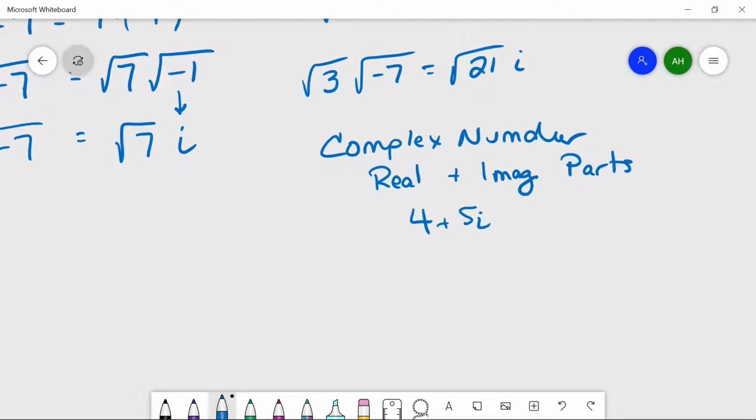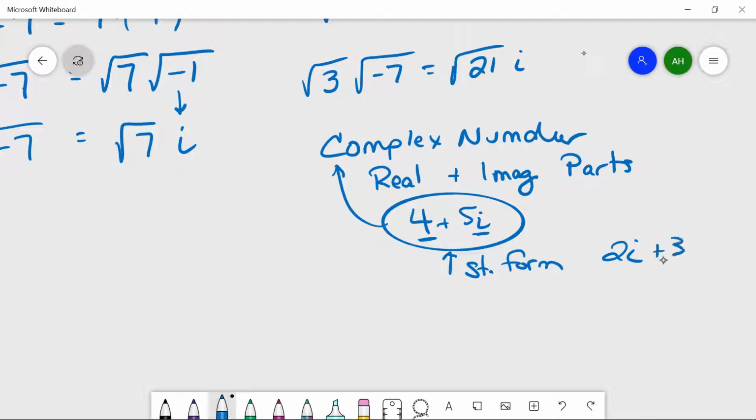So this right here is a complex number. Do know also this is going to be my standard form. In my standard form, my real number comes first, my imaginary number comes second. So if you wind up with 2i plus 3, you need to rewrite that as 3 plus 2i. The imaginary number should come second.